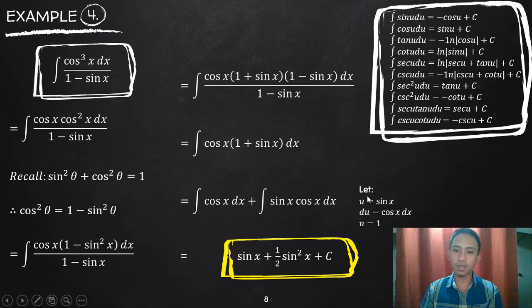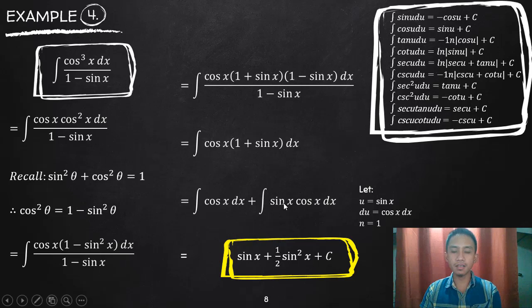So again, we will not be using the integration of trigonometric functions, but instead we will be using the power formula. Your sine x will serve as your function u, and its derivative is cosine x dx. Your exponent is 1, so we apply the power rule.